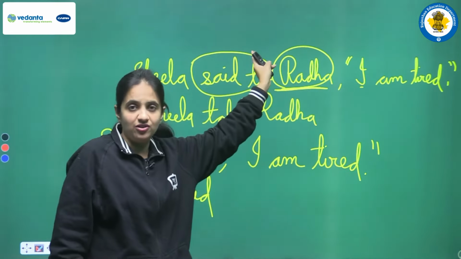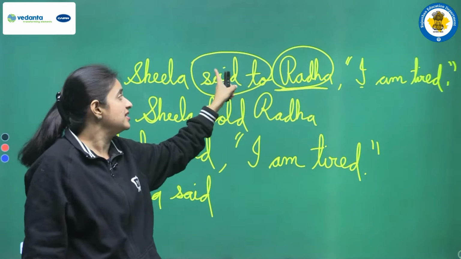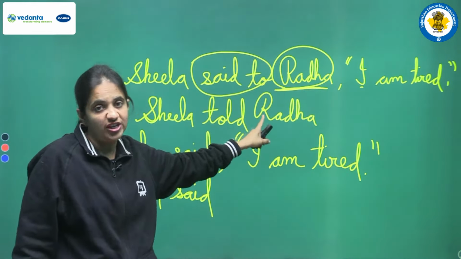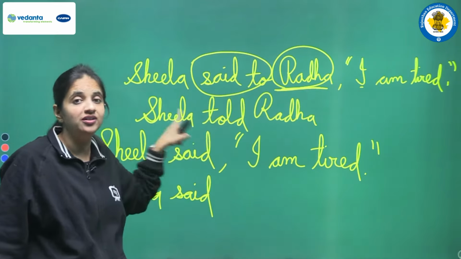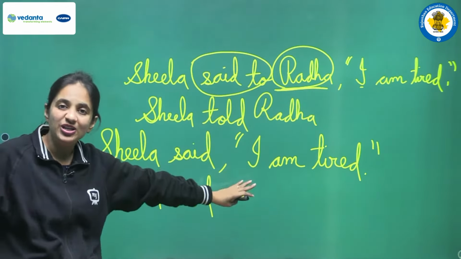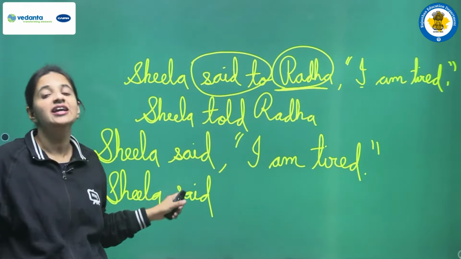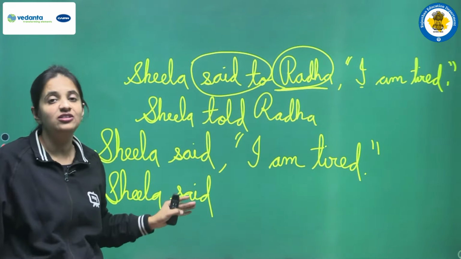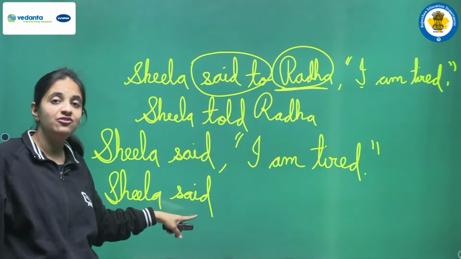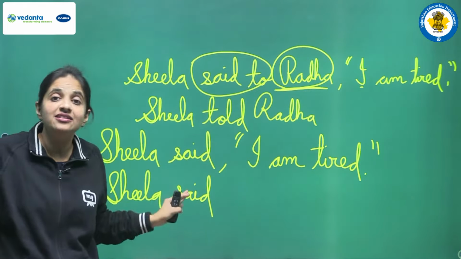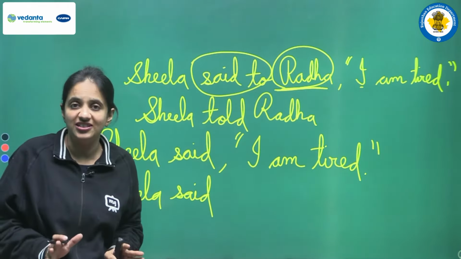If we have said to, we change said to into told. But if we have no object, only said, then we don't change said; we just write the same word as it is.